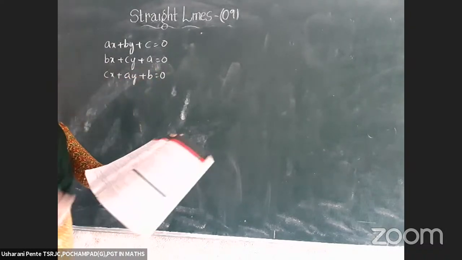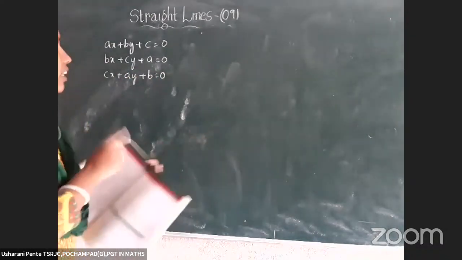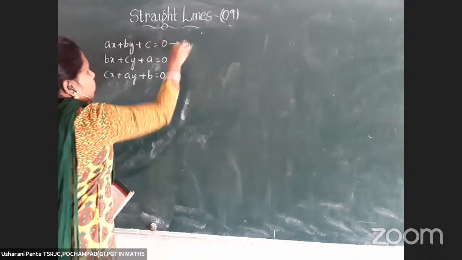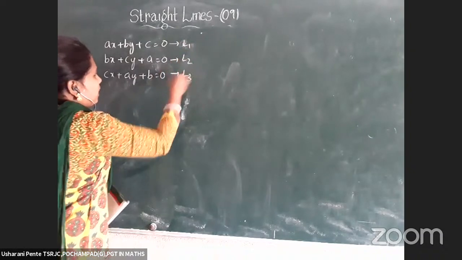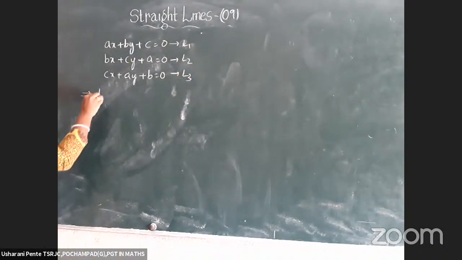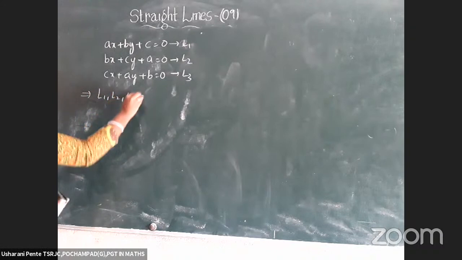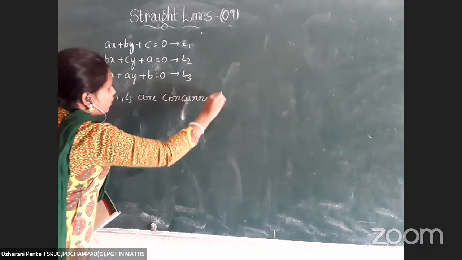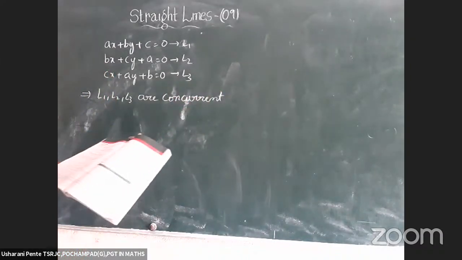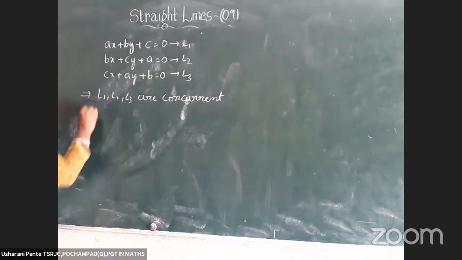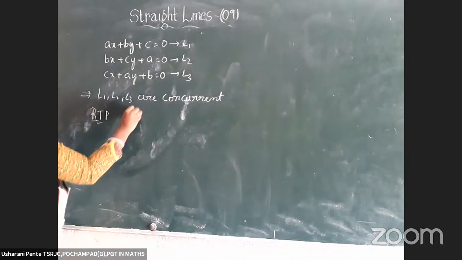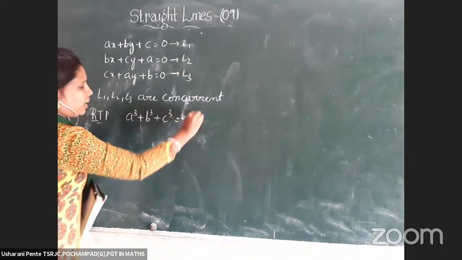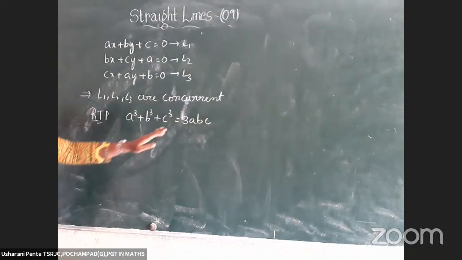They have given that L1, L2, L3 are concurrent. Then what do we need to prove? We are required to prove that a cube plus b cube plus c cube is equal to 3abc.